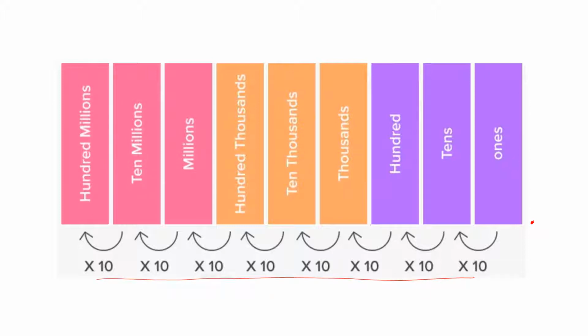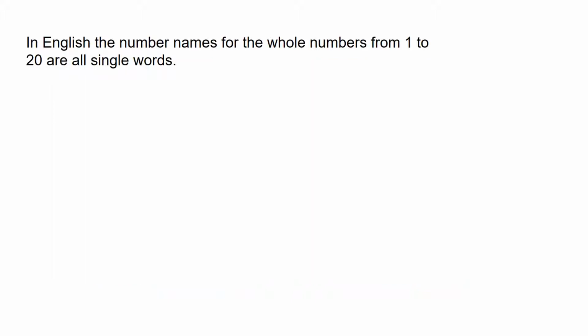Now, notice in this picture, I'm going to point out that we have this purple set, and this yellow set, and this pink set. So they're grouped in these sets of threes, which is called the period. So in English, the number names for whole numbers from 1 to 20 are all single words.